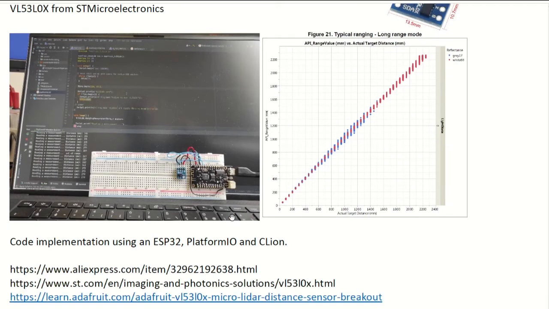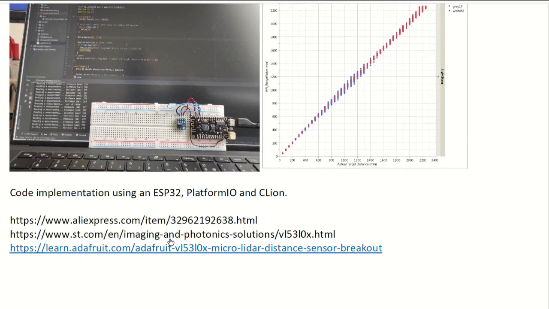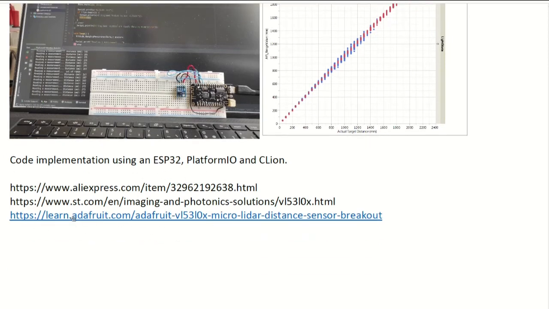The libraries are available, and in less than 10 minutes you have your sensor working. It measures up to 2 or 2.2 meters, it's very accurate, and it's very small, as you can see here on the breadboard. I'll let you see this information on this data. It's about 2 euros on AliExpress.